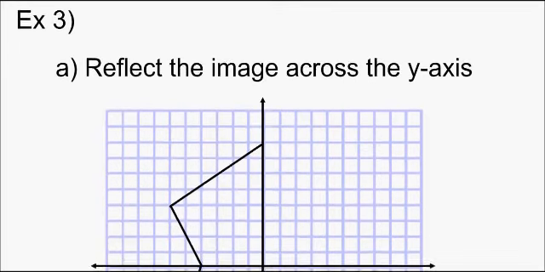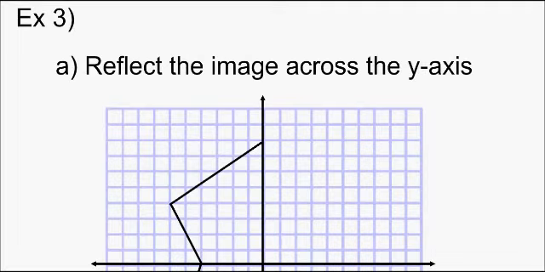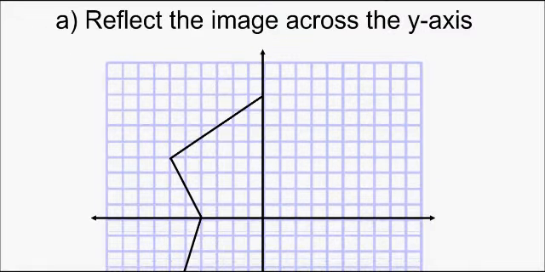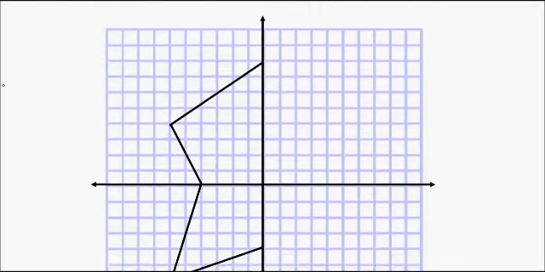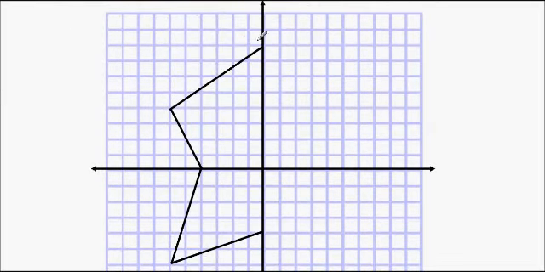So example 3, reflect the image across the y-axis. I'm going to start by writing out my rule. So I know that (x, y) becomes (negative x, y). And then I'm going to find each of these points. So I'm looking at my vertices. I have 5 of them.